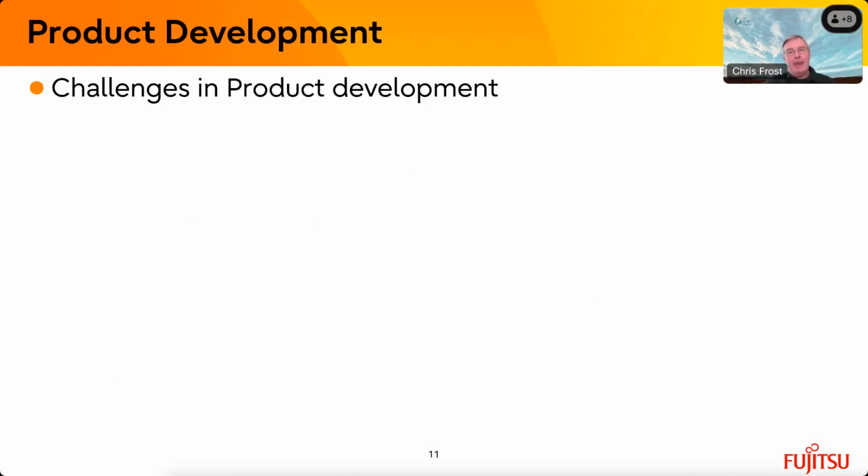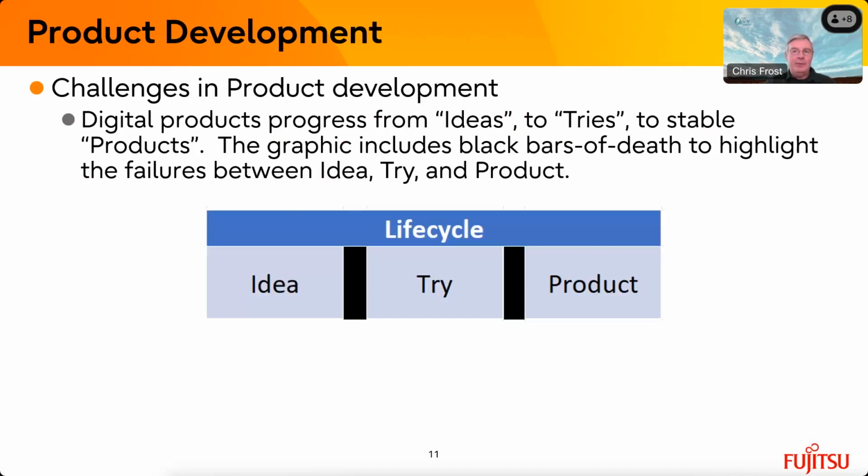However, another area we've been thinking about is product development, and in particular some of the challenges within that. A way to look at that is with this little graphic that we've been thinking about.